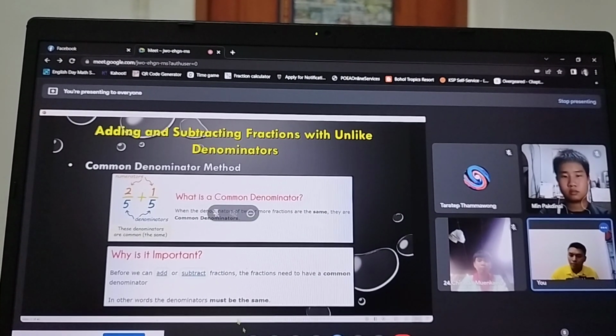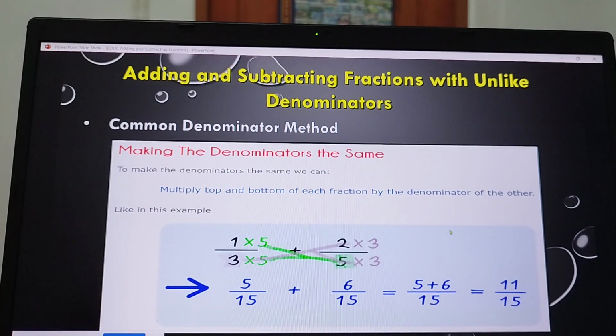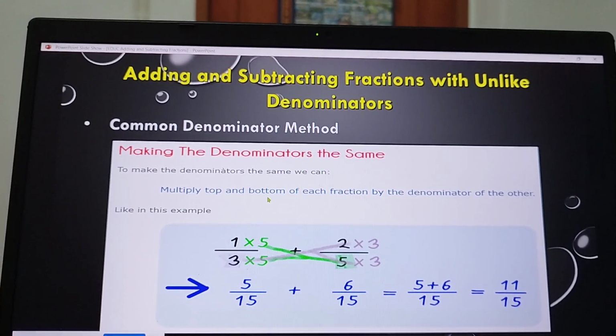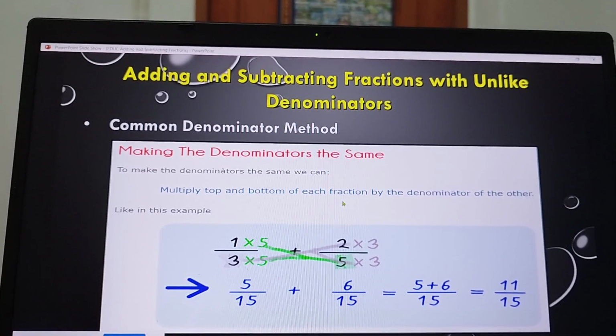Next slide: making the denominators the same. To make the denominators the same, we can multiply the top and bottom of each fraction by the denominator of the other, like this.